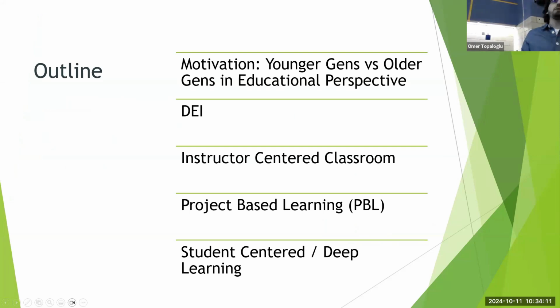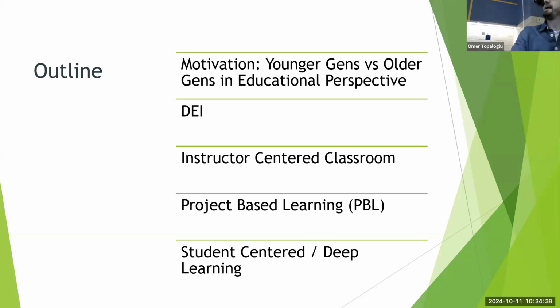So I'm going to start with a motivation. What are the learning challenges? What are the learning differences between generations? And I'm going to make the connection between the improvement of the technology and the improvement of the education. And then I'm going to make the connection of how we are going to evolve these teaching methodologies into the new generation.